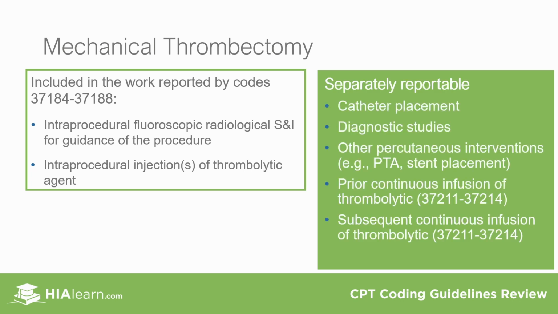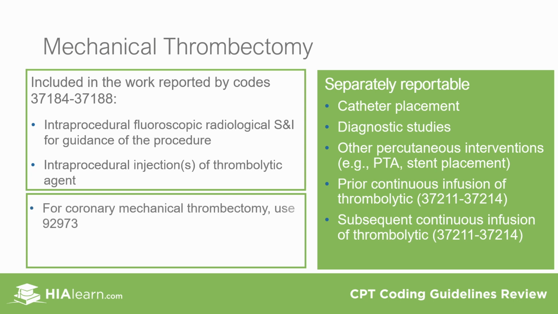When performed, diagnostic studies, other percutaneous interventions such as percutaneous transluminal angioplasty or stent placement, and any prior or subsequent continuous infusion of thrombolytic agent are separately reportable. If mechanical thrombectomy is performed in a coronary artery, see code 92973 and see code 61645 for intracranial mechanical thrombectomy.